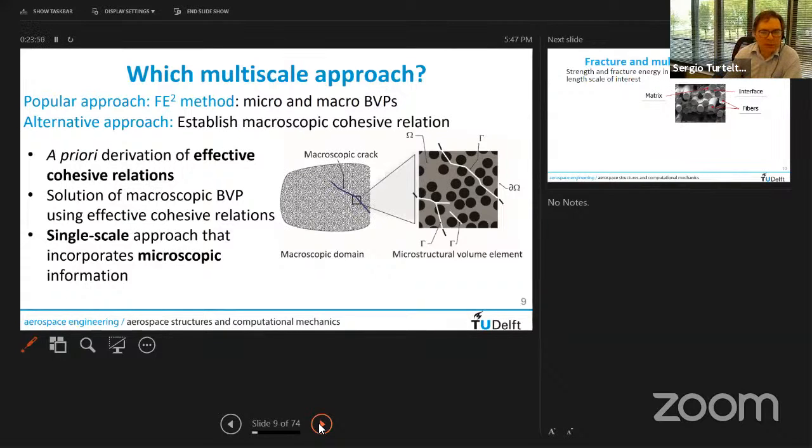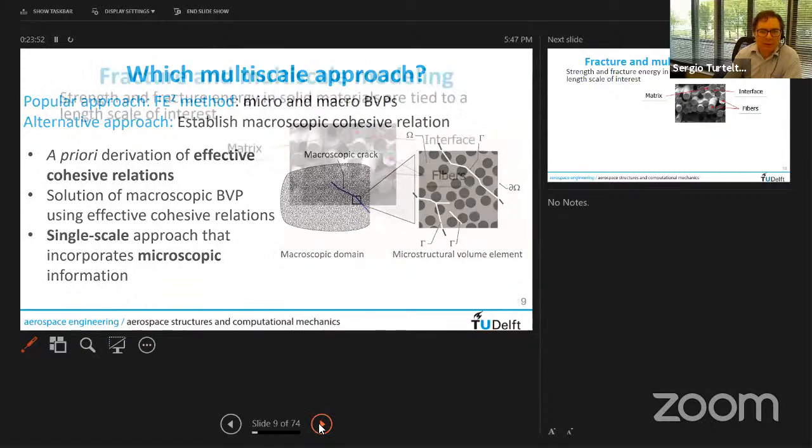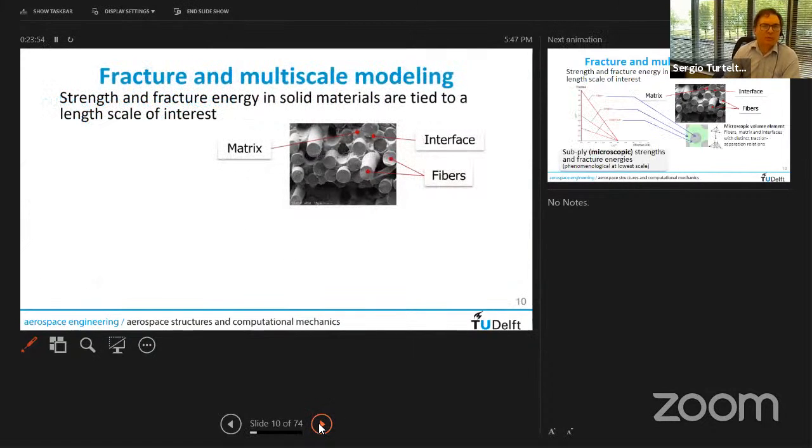Now, that approach has certain advantages. If you look at introducing the information in the modeling, we can pick, for example, a matrix, an interface, and fibers, and do a simulation whereby, from the outset, we put in the cohesive relations for each one of the constituents.